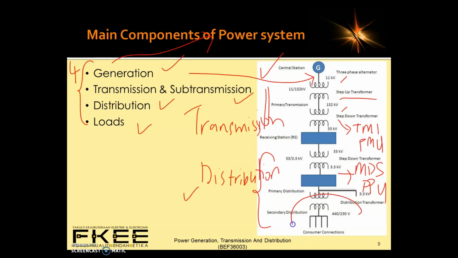Okay, this one is the load. So either residential or commercial are the types of loads that will be supplied with electricity. Okay, so we have 400 volts for the three-phase loads, and then we have the single phase, which is 230 volt.